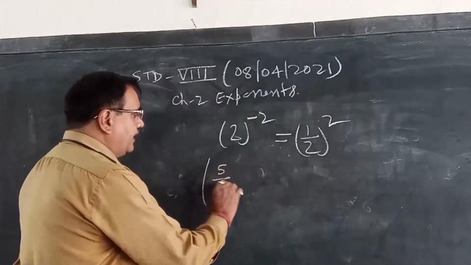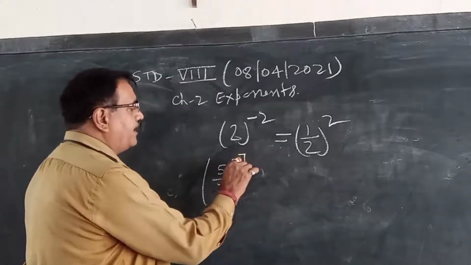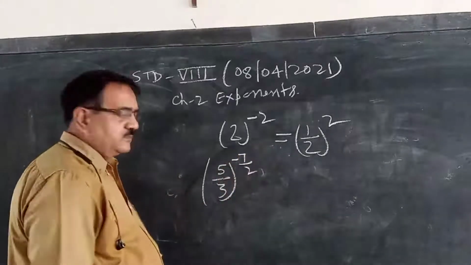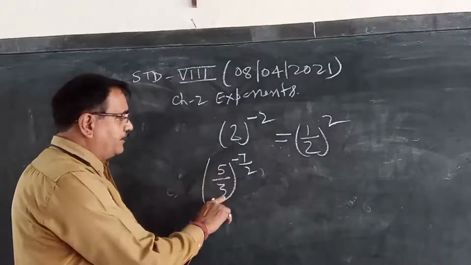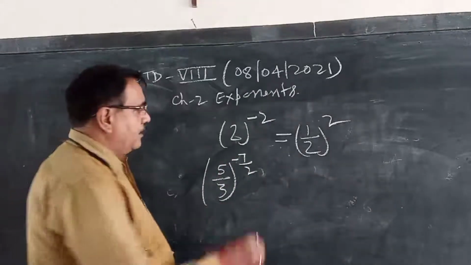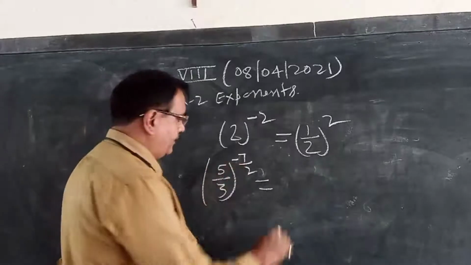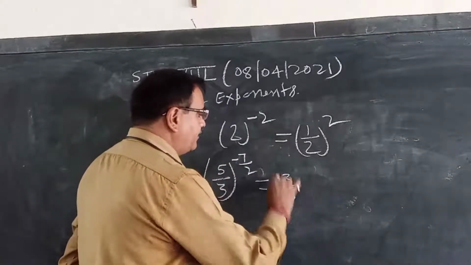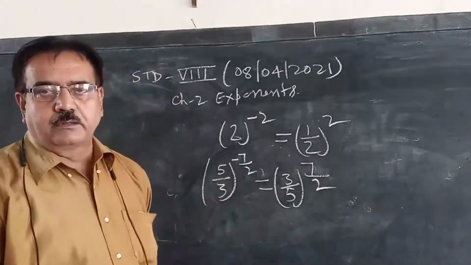If 5 by 3 to the power minus 7 by 2, the power is negative. Right? 5 by 3, their power is the negative value 7 by 2. When we reverse the order, the power will be positive, meaning 3 by 5 to the power 7 by 2. Do you follow?